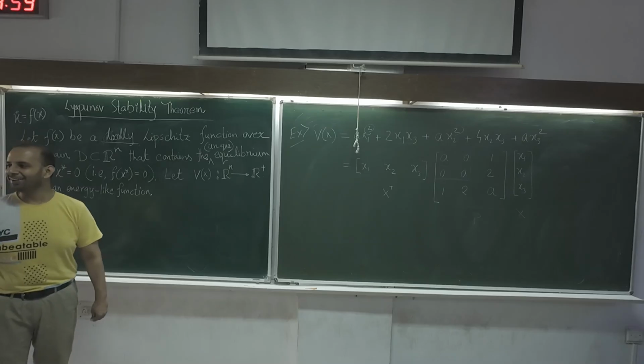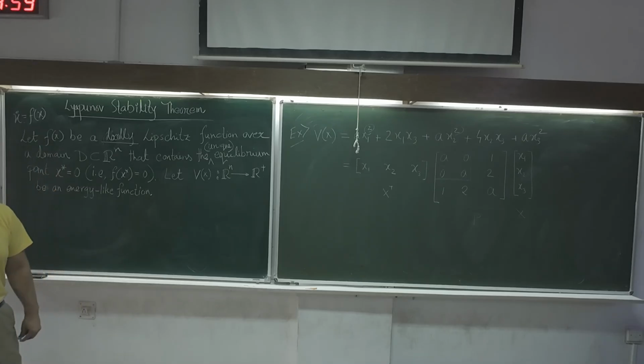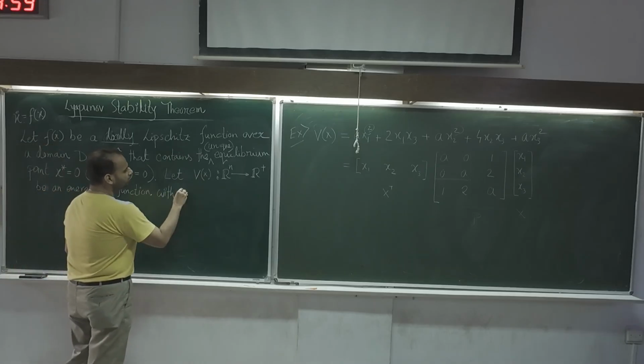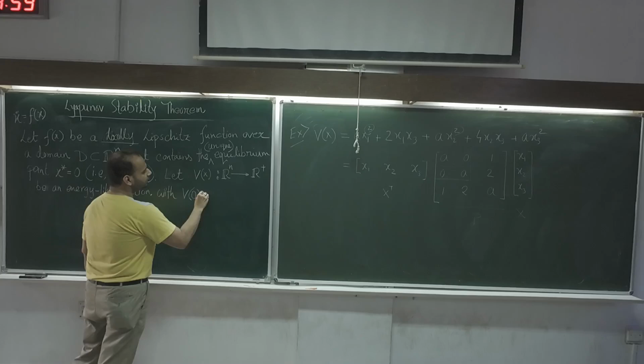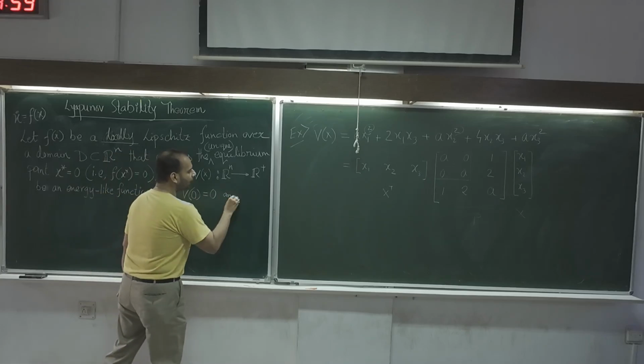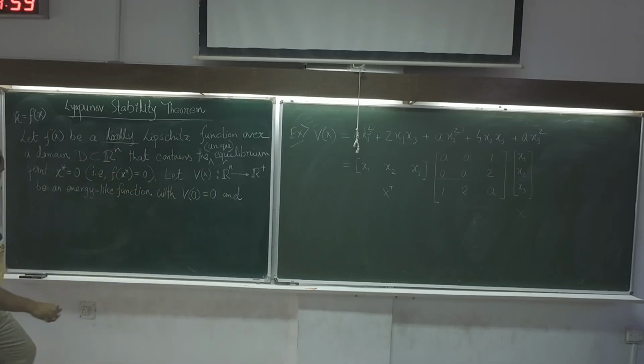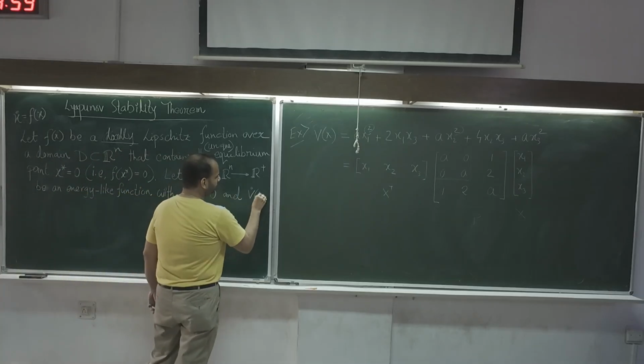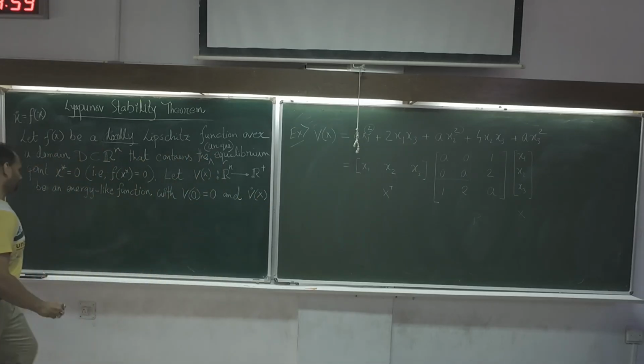that is continuous at first derivative, with V of 0 equals 0 and V dot of x.